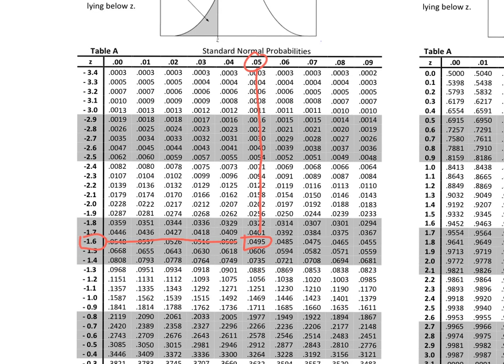So where is 0.025? That's there. What's the z-score that corresponds to 0.025? What is that value? It's 1.96.